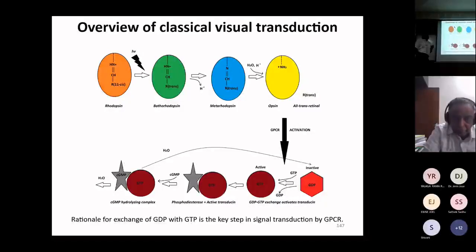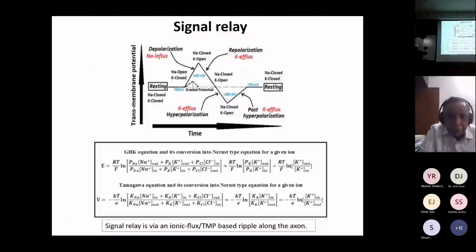That's the classical scheme. The exchange of GDP for GTP is the key step in signal transduction of GPCR, and there is no rationale given for it. So, can I take the questions at the end? Because we have scheduled time, I'll answer all your questions.